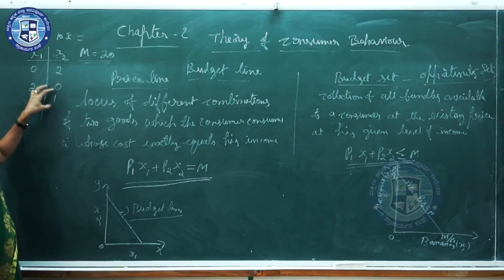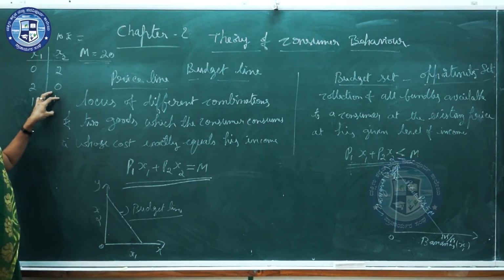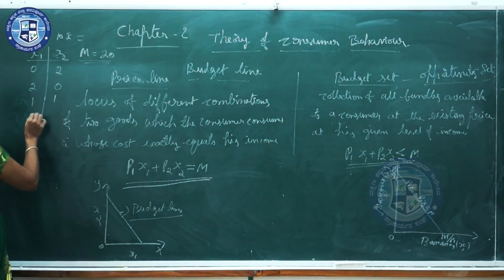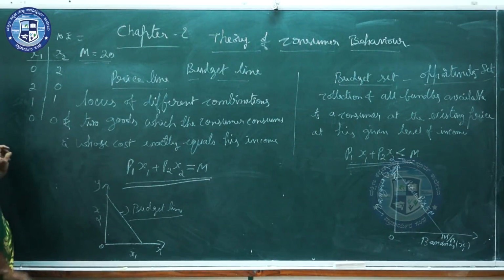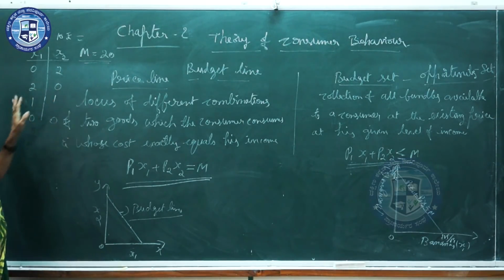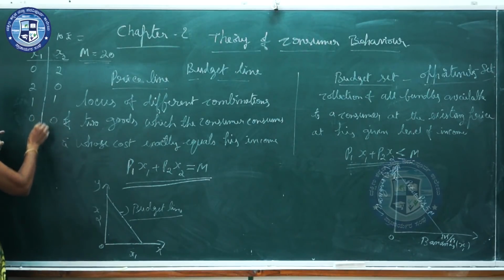Other than these three bundles, the consumer can purchase different combinations. He may not purchase both commodities. He has a money income of 20 rupees, but he does not want to purchase the two commodities, then the combination will remain 0, 0.